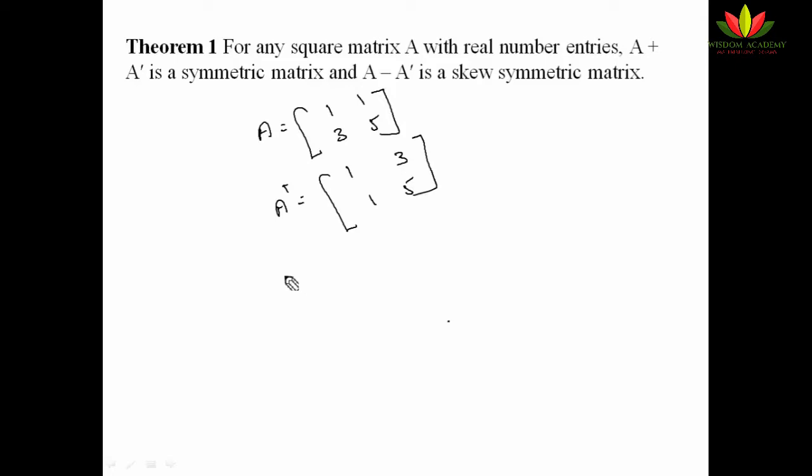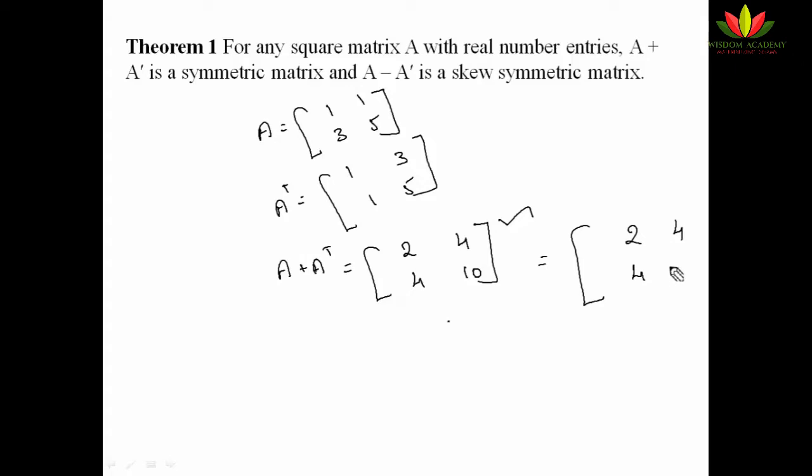If I add these two matrices, that is A plus A transpose, I will get 2, 4, 4, 10. Now this matrix will be a symmetric matrix. If I take the transpose of this matrix, what will be my answer? 2, 4, 4, 10.